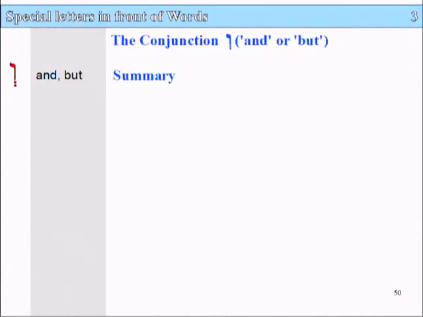Slide 50, Lesson 3, special letters in front of words, the conjunction vav, summary.